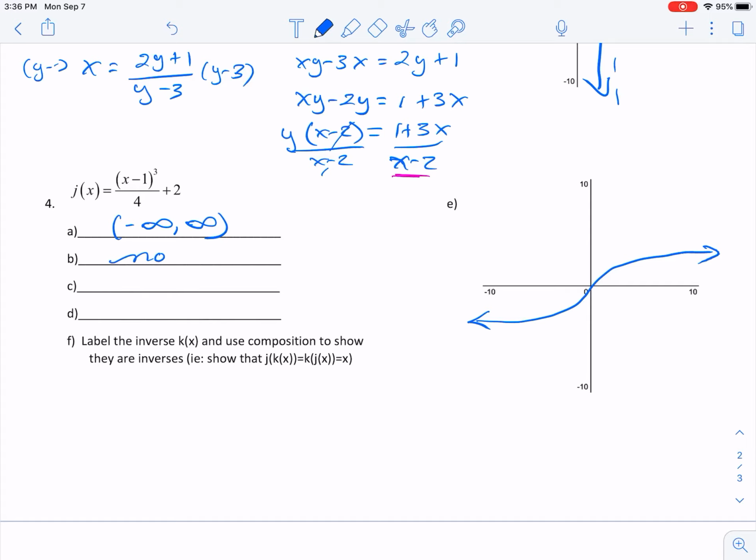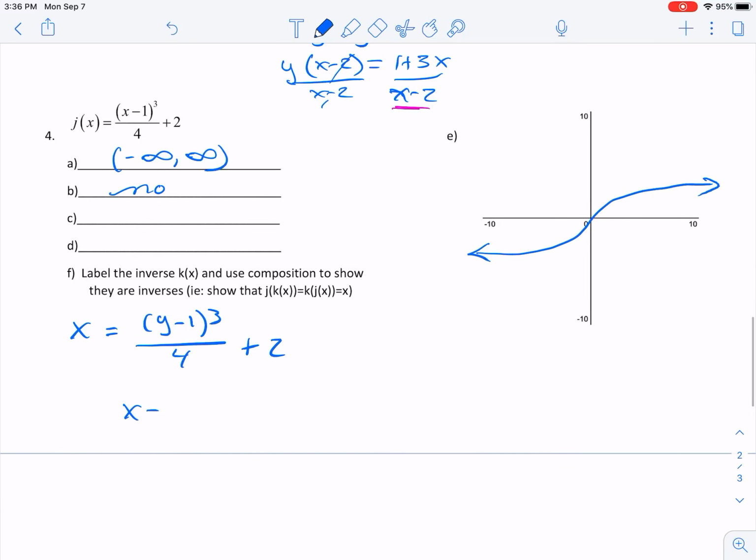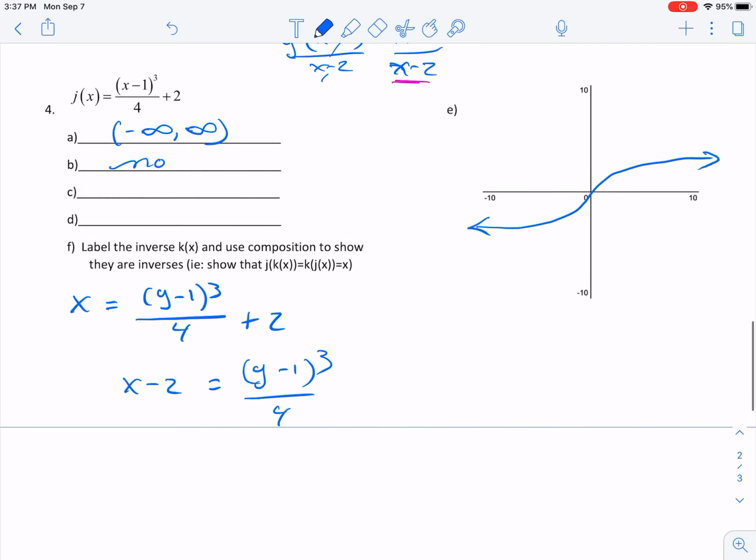We've got to switch this one again. So let's go down. Oh, that's okay, we'll find room. x equals y minus 1 cubed over 4 plus 2. Subtract 2 first. Now multiply by 4. You get 4x minus 8 equals y minus 1 cubed.